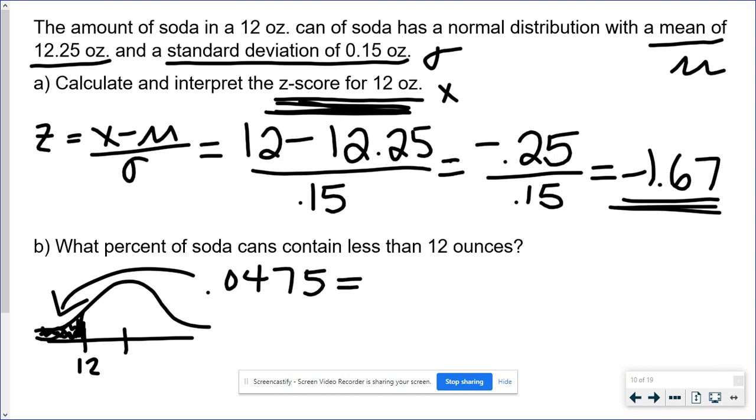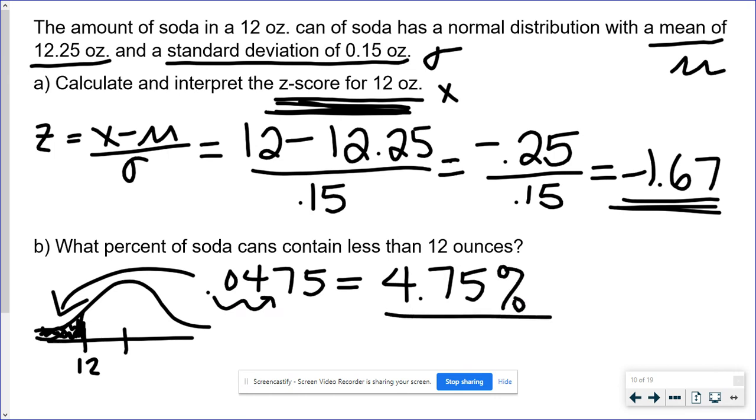If we convert that to a percent, we find that 4.75% of the cans contain less than 12 ounces. So that's how you use the z-table if you want a value less than or to the left of a certain value.